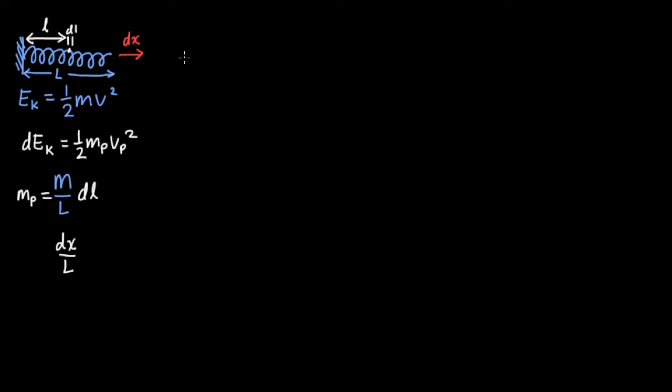Let's draw a few points on the spring to get a better idea of what's going on. Here's a point at the fixed end. And here's a point 1 unit length away from the fixed end. Here's a point 2 unit lengths away from the fixed end.